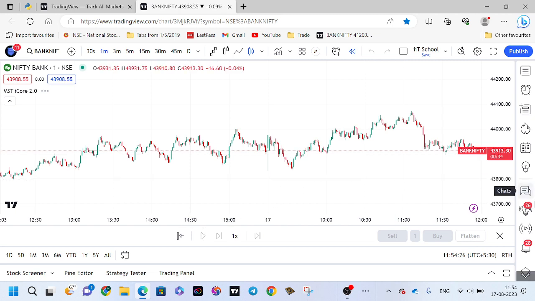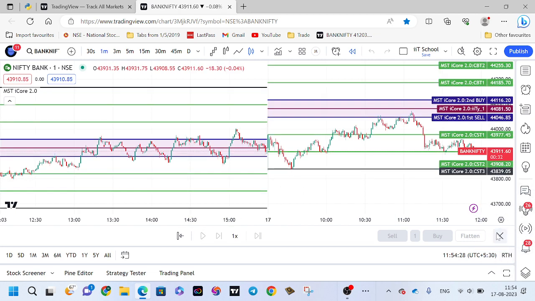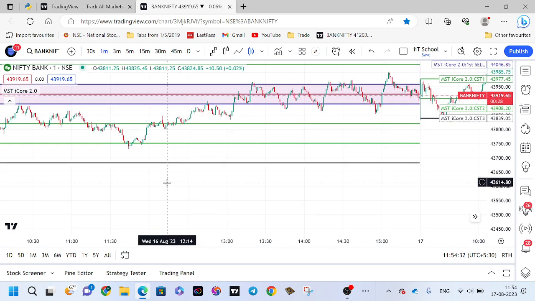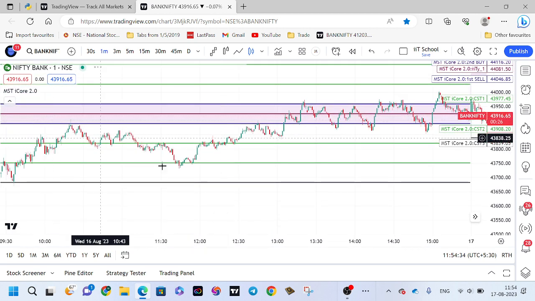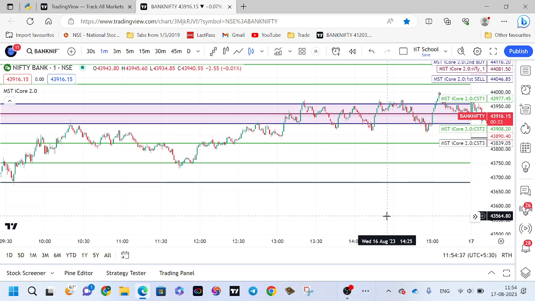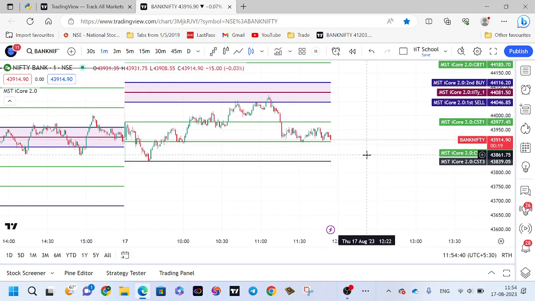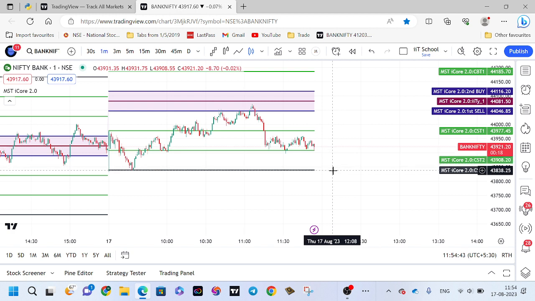So our trading system is very simple. See, yesterday also we got the sell entry and 2 targets were achieved, and today also sell activated and 2 targets perfectly achieved, and still we are waiting for more fall to give the third target also.